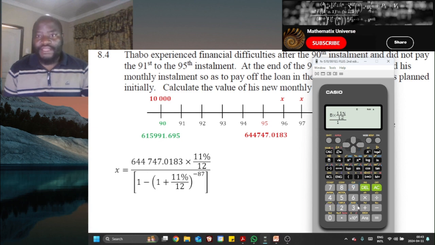We don't need the bracket. We can just type 1 plus the fraction of 11% over 12 raised to the negative 87. Then we get an amount of 10,786 rands and 84 cents.